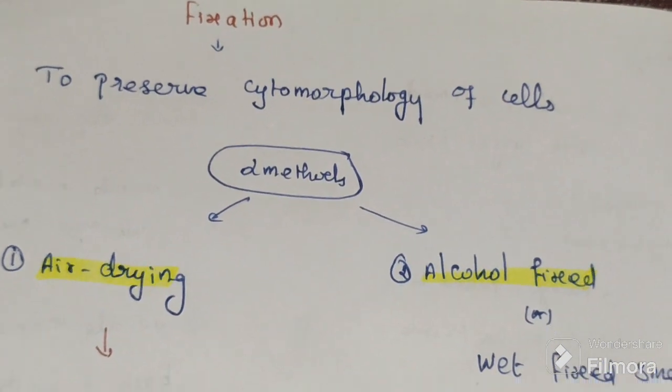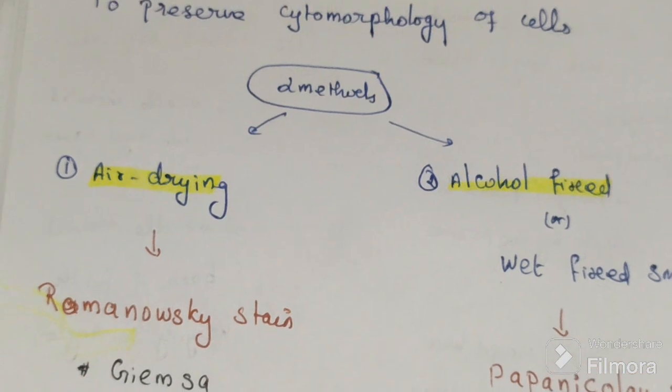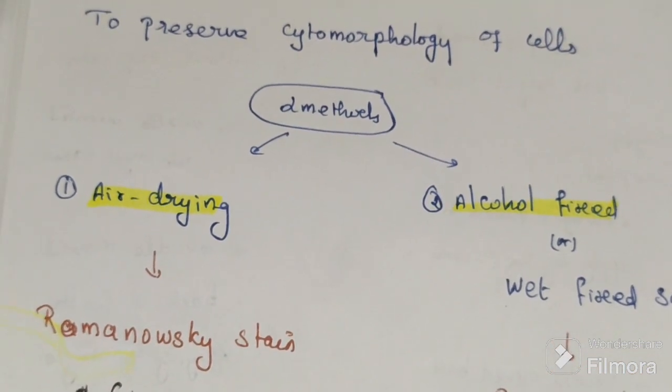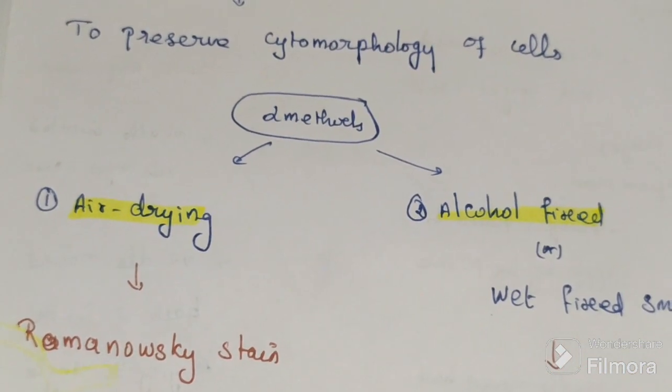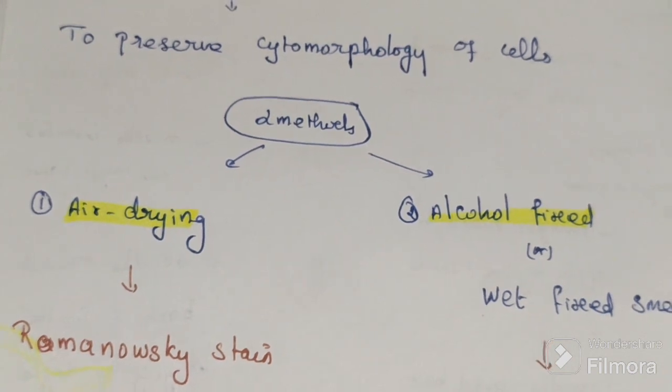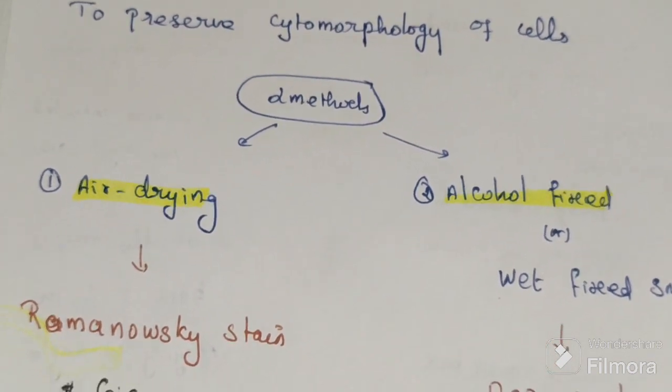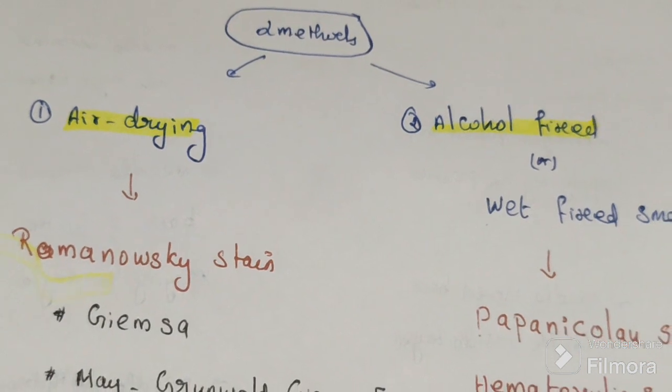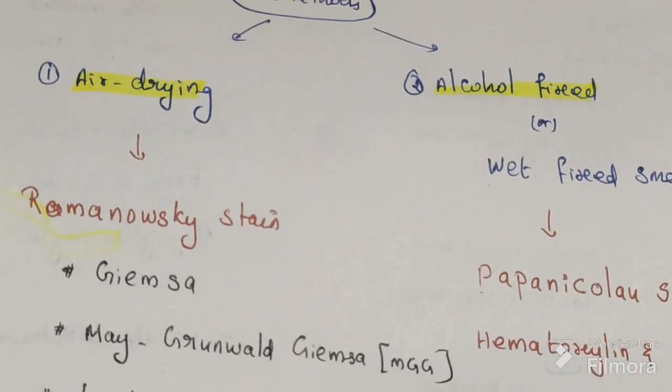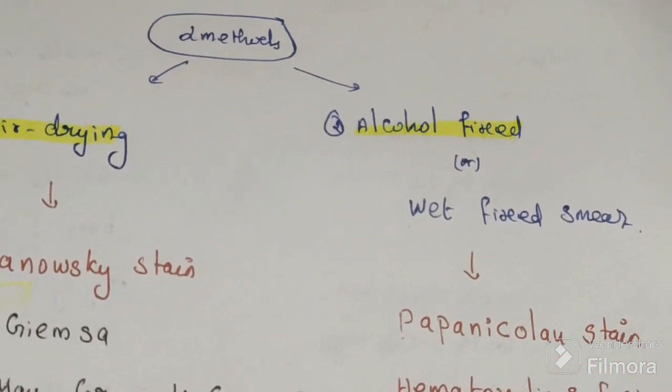There are two methods for fixation. When we take the sample on the slide, we just keep it in the air and dry it with the help of air. It is called the air drying method of fixation.